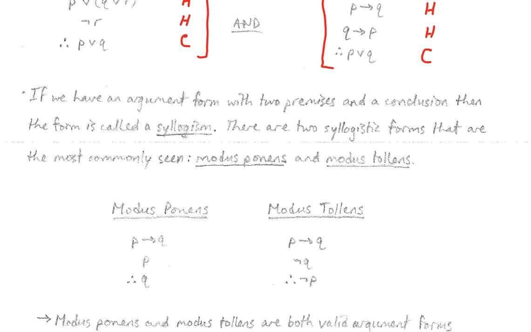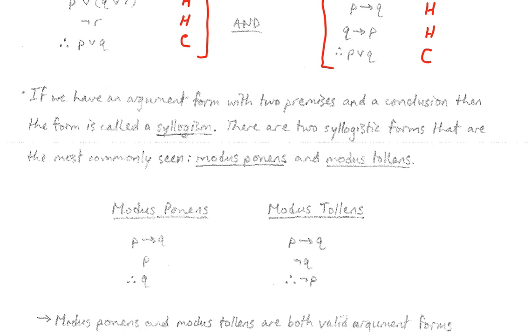Your first hypothesis is P implies Q, and your second hypothesis is P, therefore Q. Modus Tollens: first hypothesis is P implies Q, second hypothesis is not Q, therefore not P. These are two examples of valid arguments or valid argument forms.